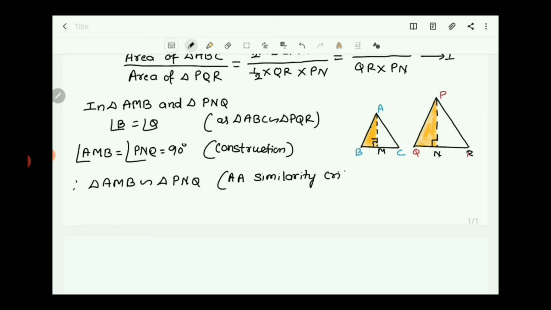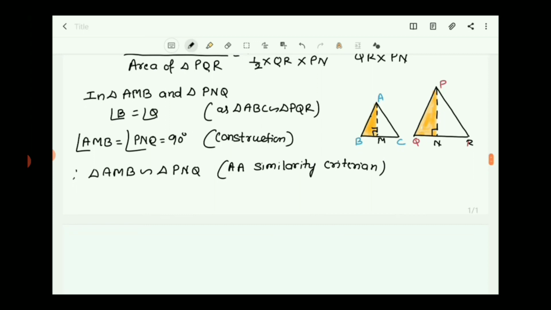Once you have that, triangle AMB is similar to triangle PNQ means their corresponding sides are in the same proportion. Therefore, you can write AM by PN is equal to AB by PQ.